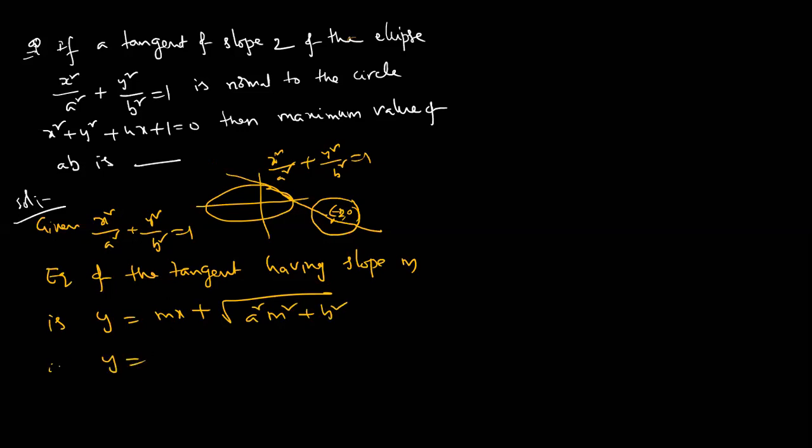The m given is 2. That means y is equal to 2x plus root over 4a square plus b square.